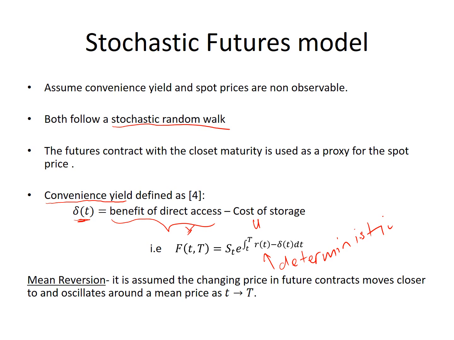Okay. Next, we have the concept of mean reversion. It is assumed that changing prices in futures contracts move closer to and oscillate around a mean price as T approaches maturity. The reason is that as the future prices become more expensive, this draws in people who can afford higher storage costs into the market, which will push downward pressure on the prices.